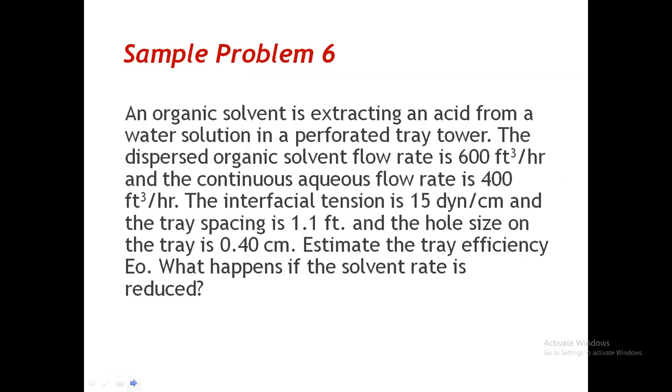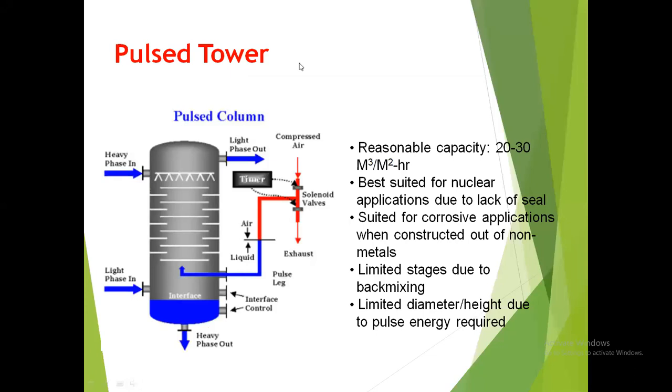Okay, now we proceed. So we go now to the pulse tower, extraction tower. So in here, there is this form of pulsation for your tower. Its capacity is acceptable, 20 to 30 cubic meter per square meter per hour, not as much as the previous one.